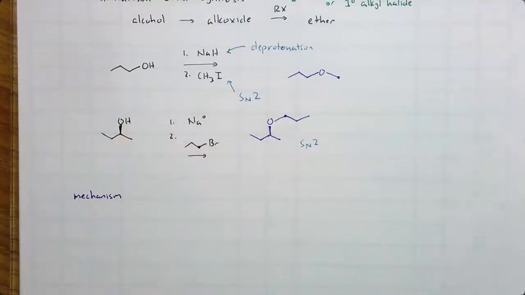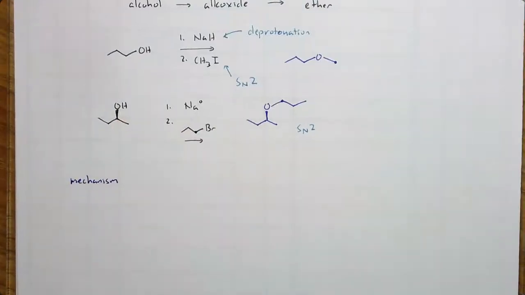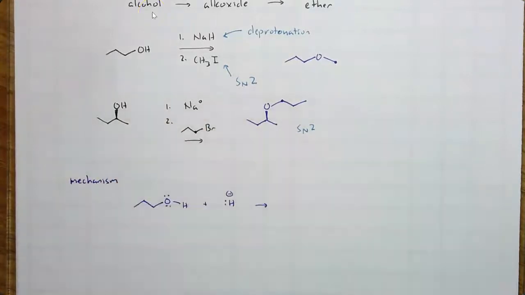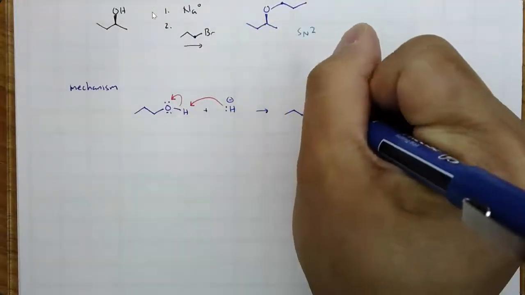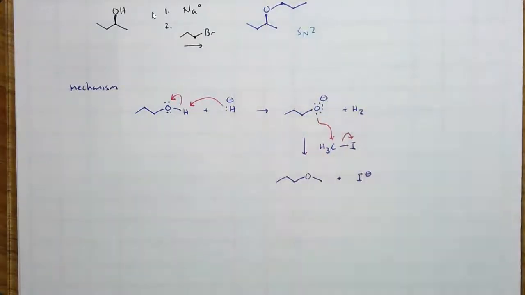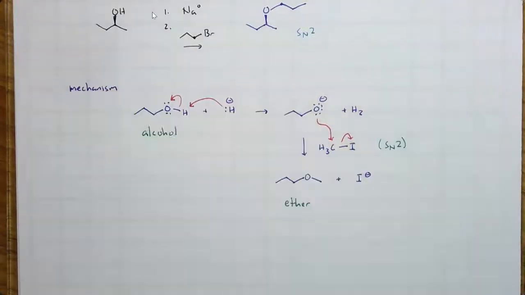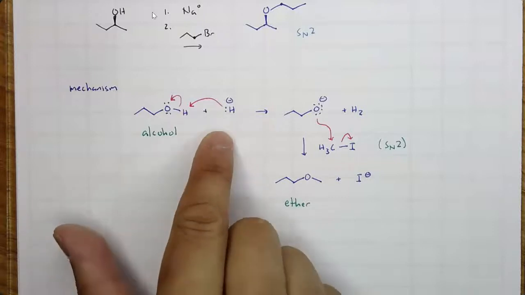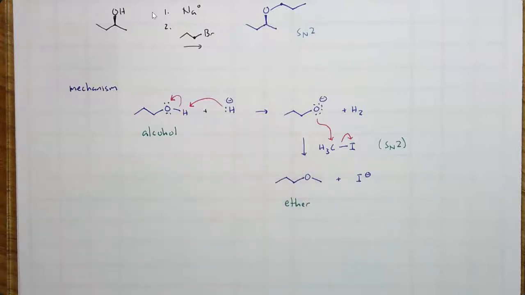You may be able to do this on your own, or if you want to try it on your own first, go ahead and do that. Okay, in the mechanism, you take an alcohol and deprotonate it to make the alkoxide.